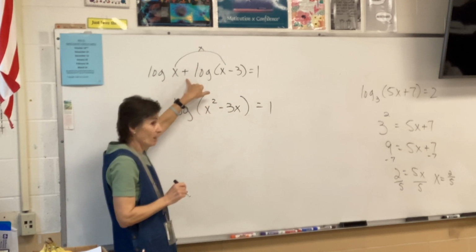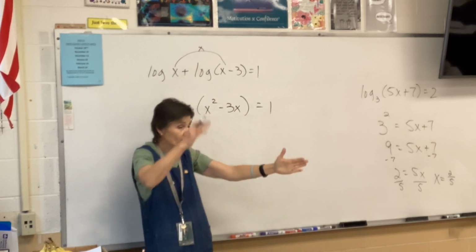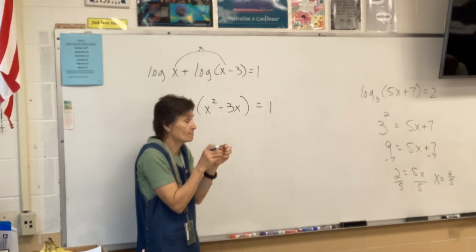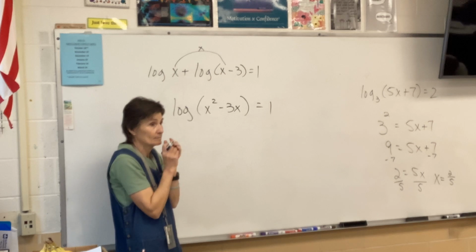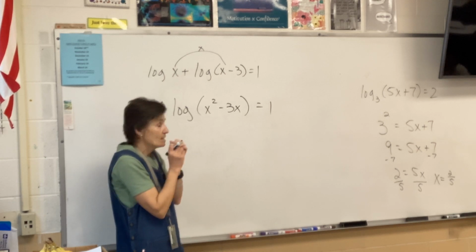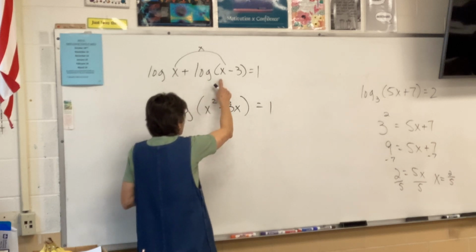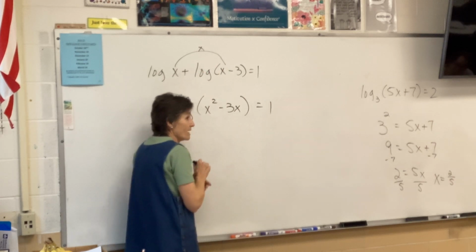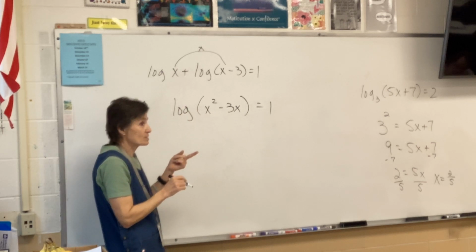When you have log plus log, it means the things you're logging have been multiplied. So x times x minus 3, I distribute and get x squared minus 3x. Now I can do this problem.